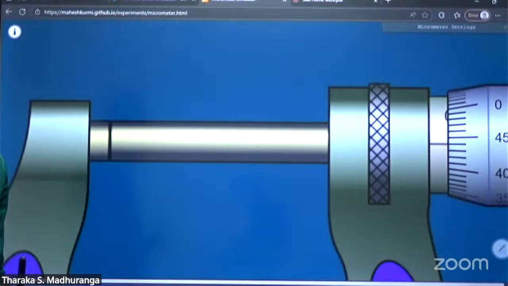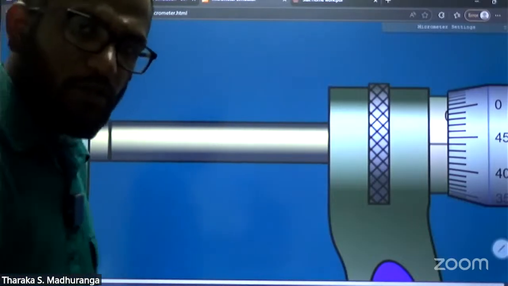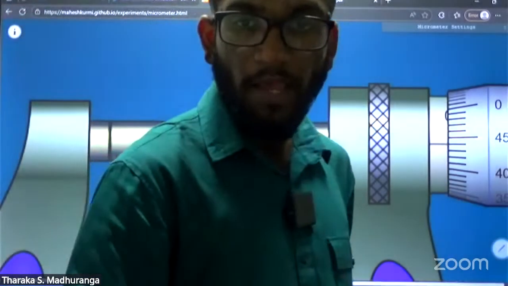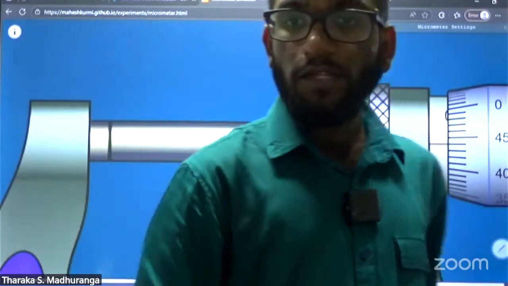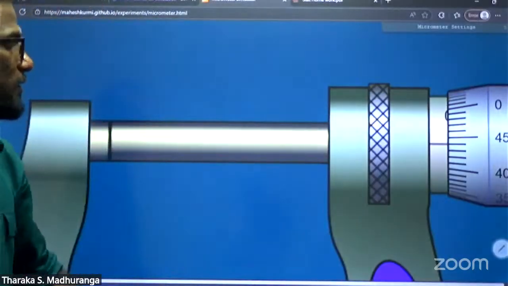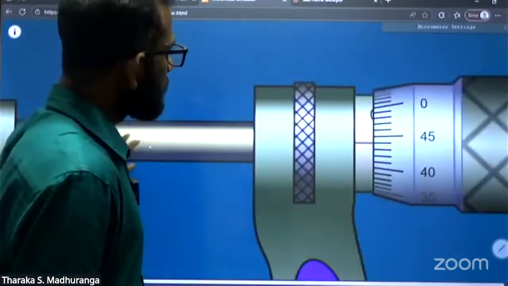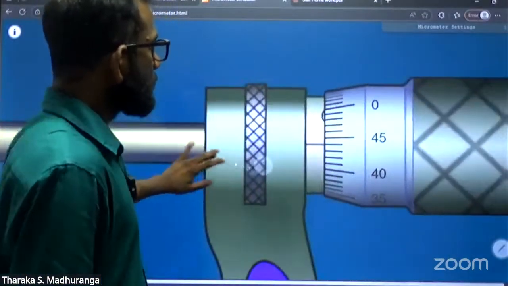Negative zero error. Good. In positive zero error, it is subtract. In negative zero error, by adding. Very good. Adding. Okay. Final question for today.